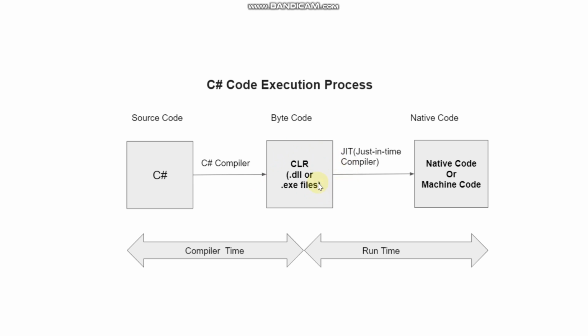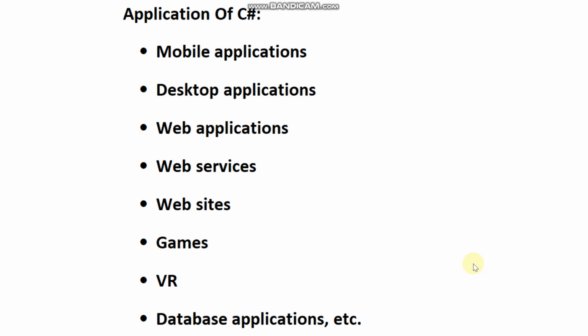With the help of CLR, these .dll and .exe files are compiled by the just-in-time compiler to convert the bytecode into native code or machine understandable code. The conversion of source code to bytecode happens at compile time, and the conversion of bytecode to native code happens at runtime.